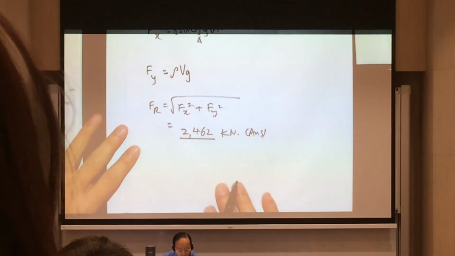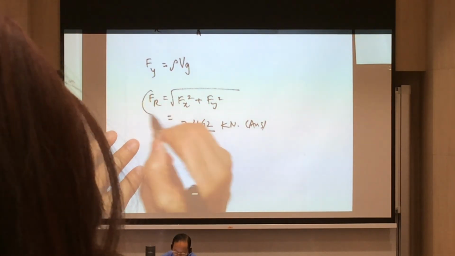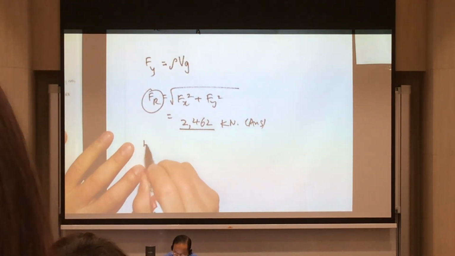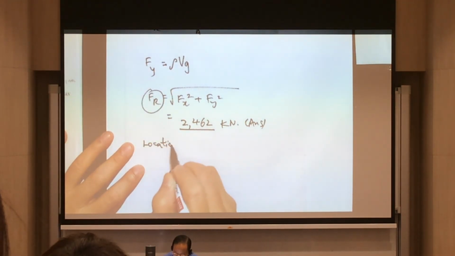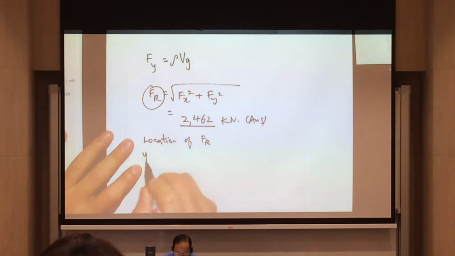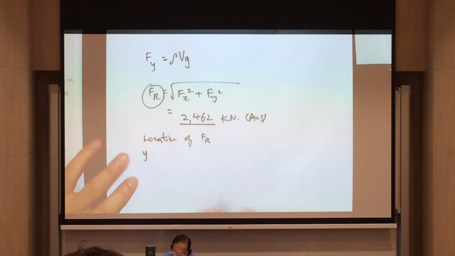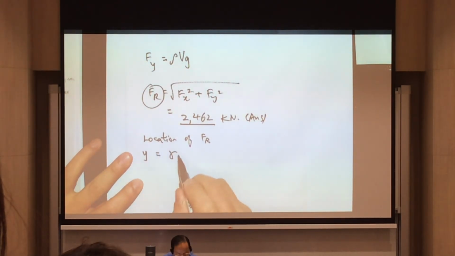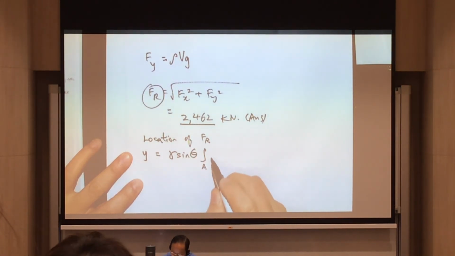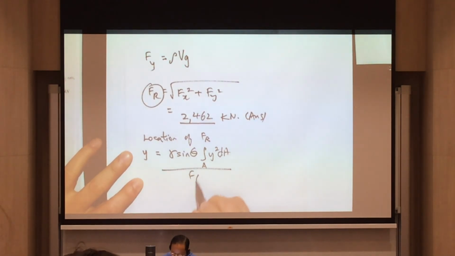Now you find the location of FR. Where is the location of FR? The location would again be equal to gamma sine theta times the integral across area A of y squared dA, over Fx.